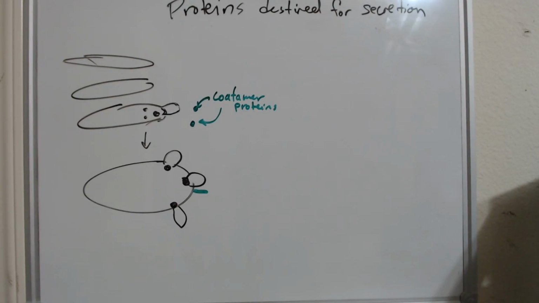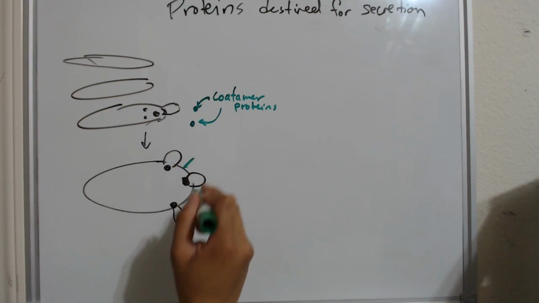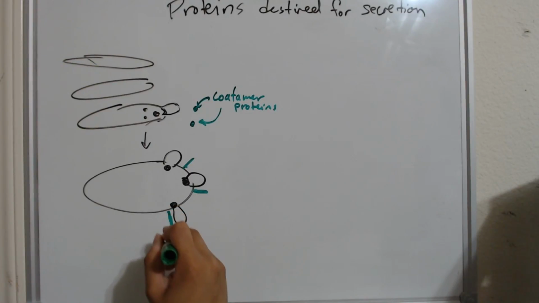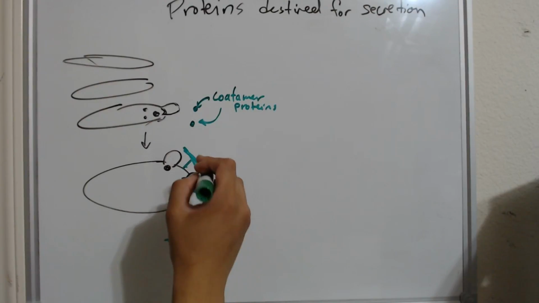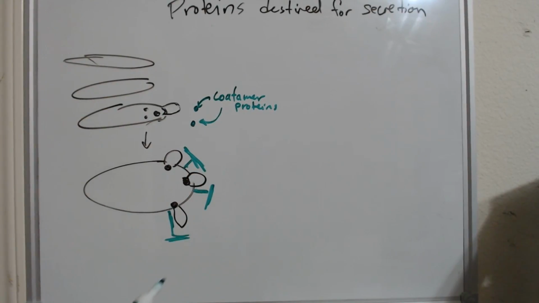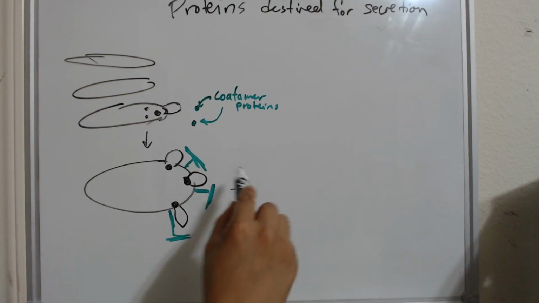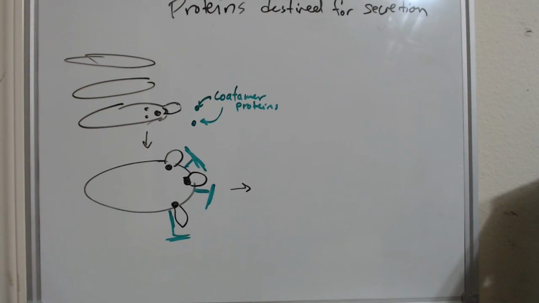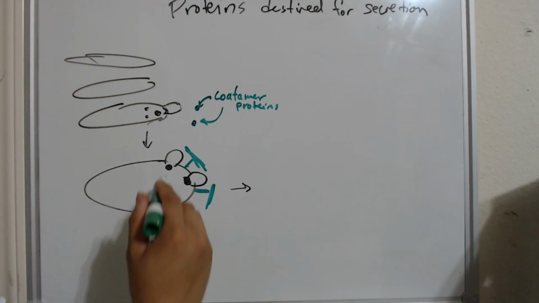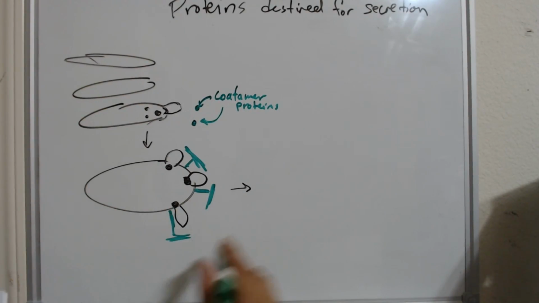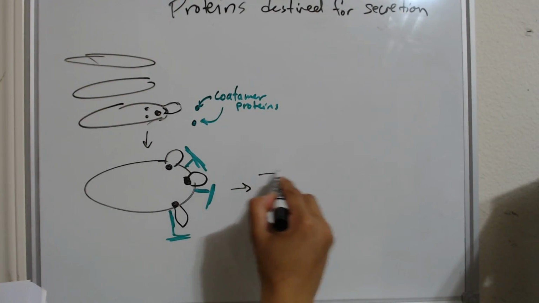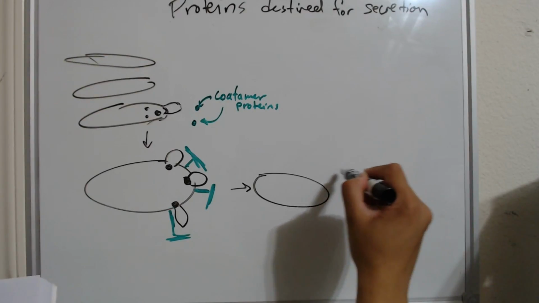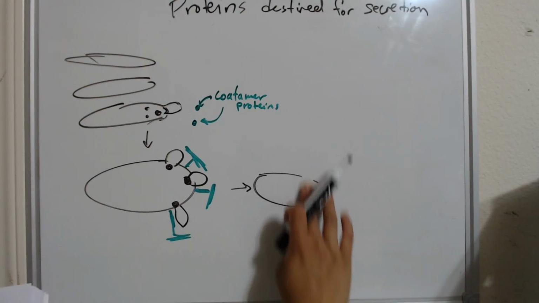Coatomer proteins. I don't really remember how they look. Let's just say I know they look like that. They coat. And when there's just enough coatomer proteins, what will happen is that this part will branch off. It will make a bubble around the proteins. So now it's cut off.